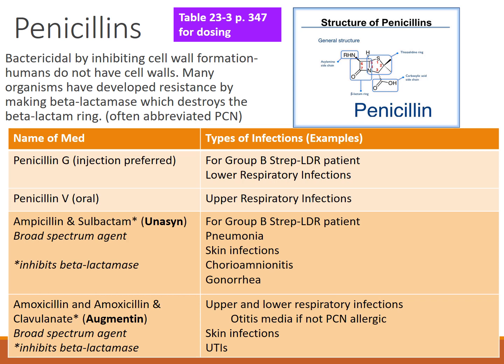Again, it's that extra additive so that we're limiting the bacteria's ability to defend itself, and amoxicillin can then do its job. That's used a lot for ear infections, skin infections, and UTIs. It's probably the most commonly prescribed medication to kids. It's used in that population almost exclusively for otitis media.